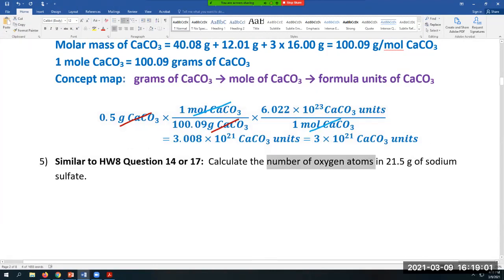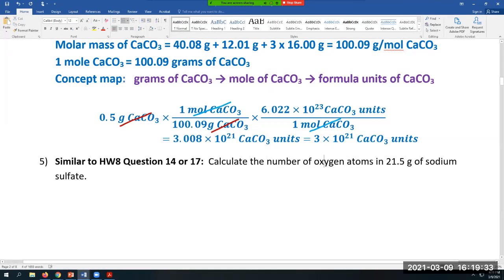And this should ring the bell of the Avogadro number, because the Avogadro number, or the definition of the mole, is giving you the number of particles for 1 mole. That's the only way to get the number of particles: to go through moles. So that tells you that you will need to use moles to get to atoms. And it's atoms of oxygen, so it's not the compound, it's just one element out of the compound.